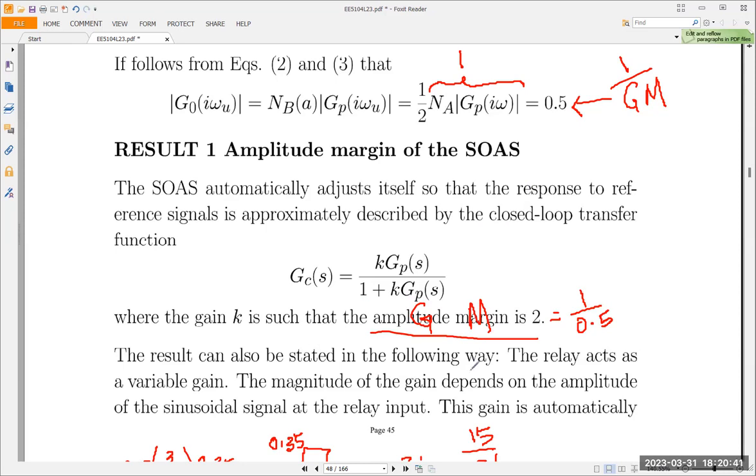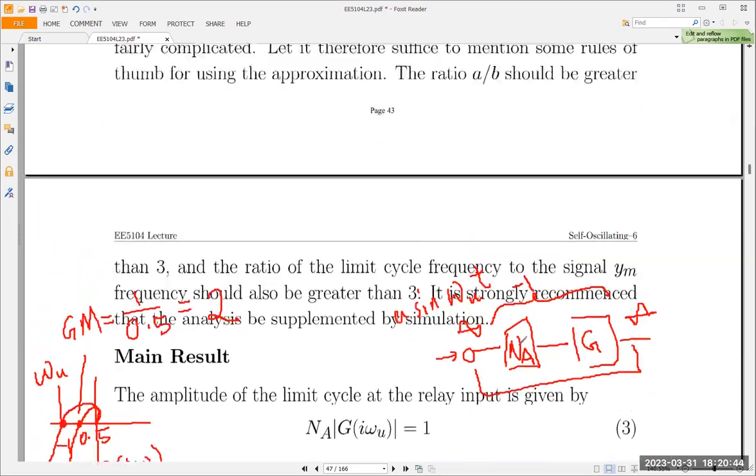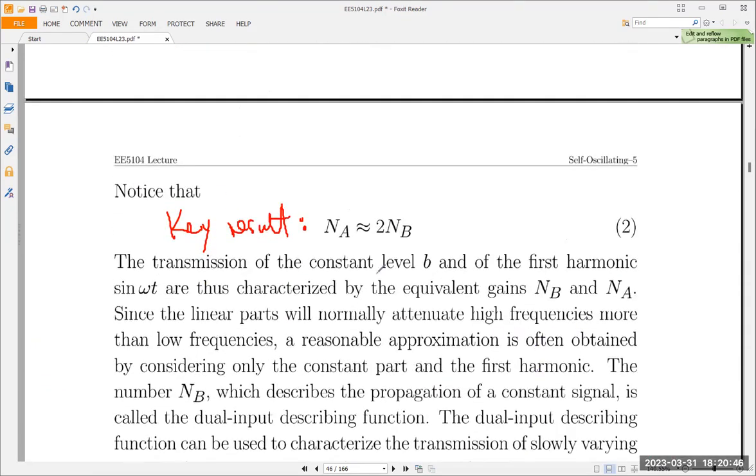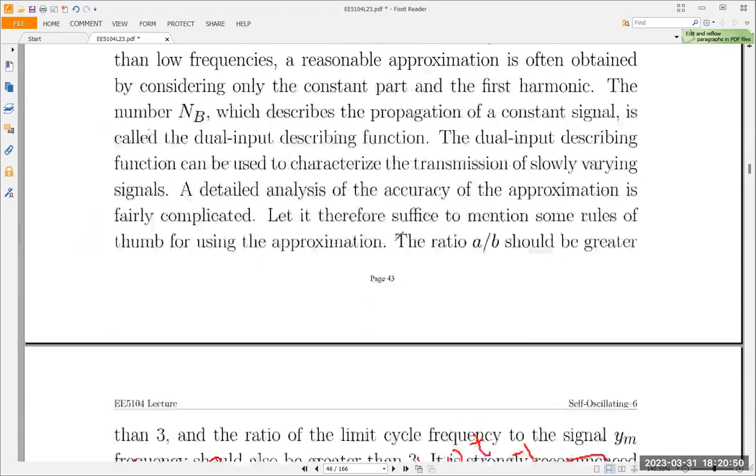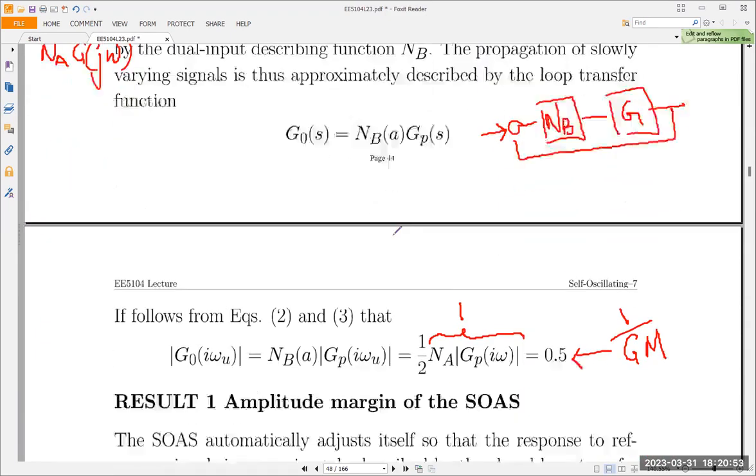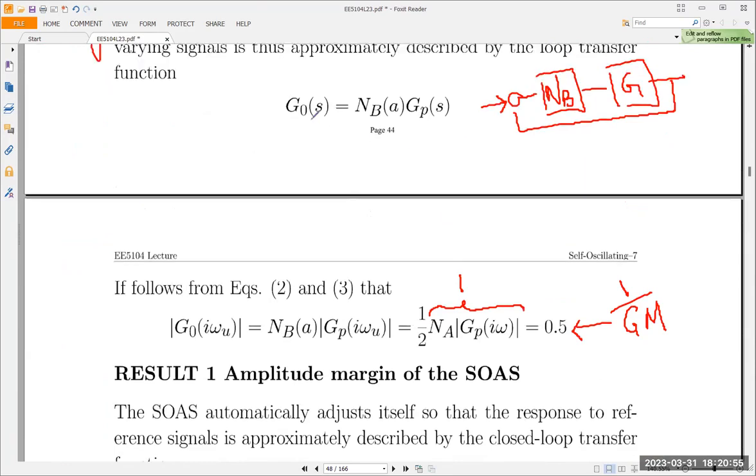Because of the maths that says that the AC gain is always 2 times the DC gain, and as a result, the AC gain always gives 1. All right, always gives 1. I think there should be a U here at the crossover frequency.